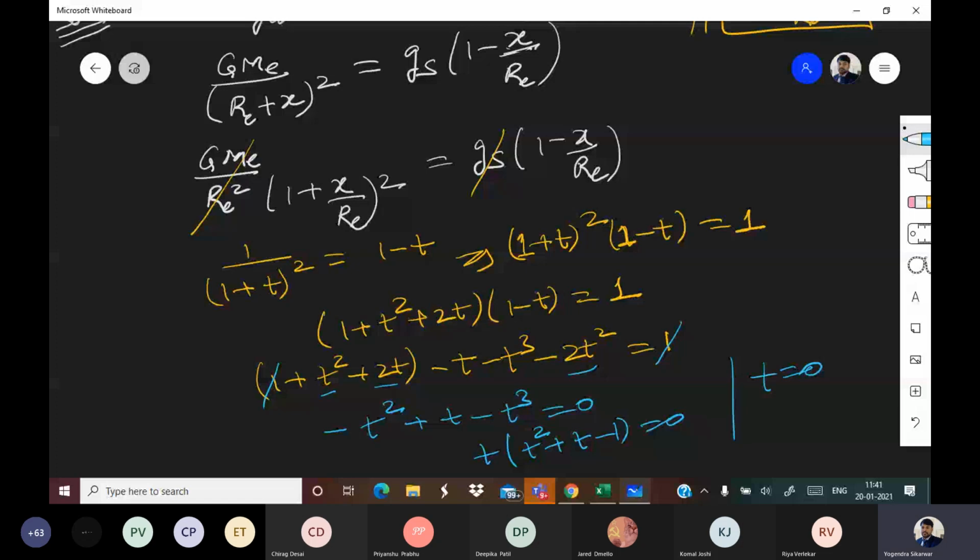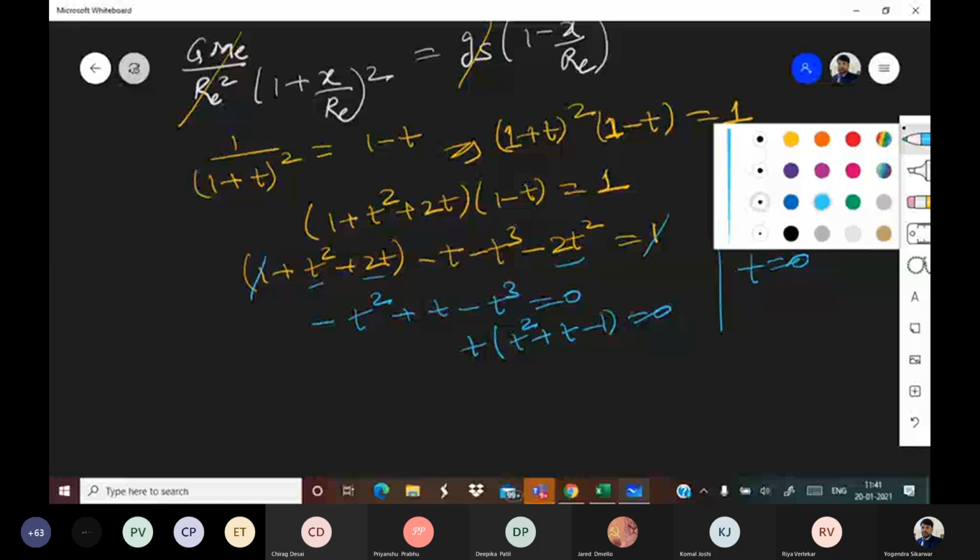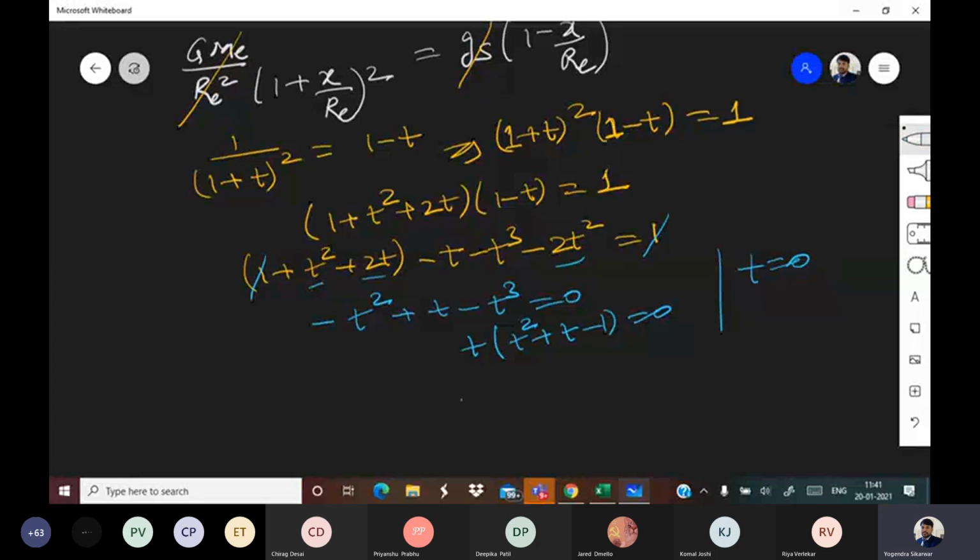So what I am going to write further is T is equal to minus 1 plus minus under the root of B square. B square is 1, minus 4AC means minus 4 into minus 1, so that will be plus 4, upon 2A. Right? So from here I am going to use a plus symbol.